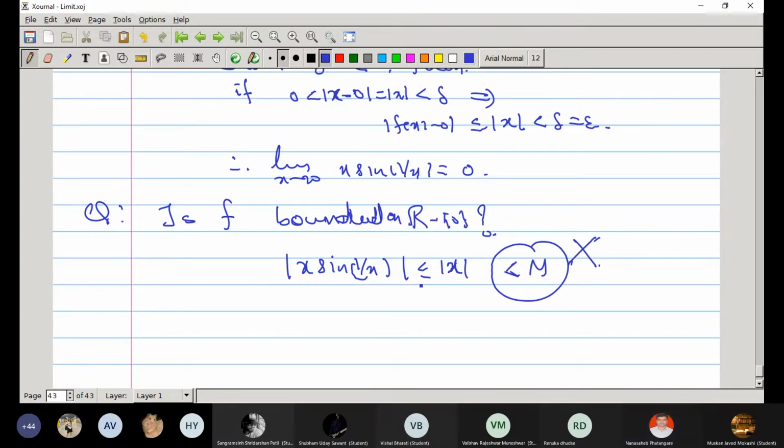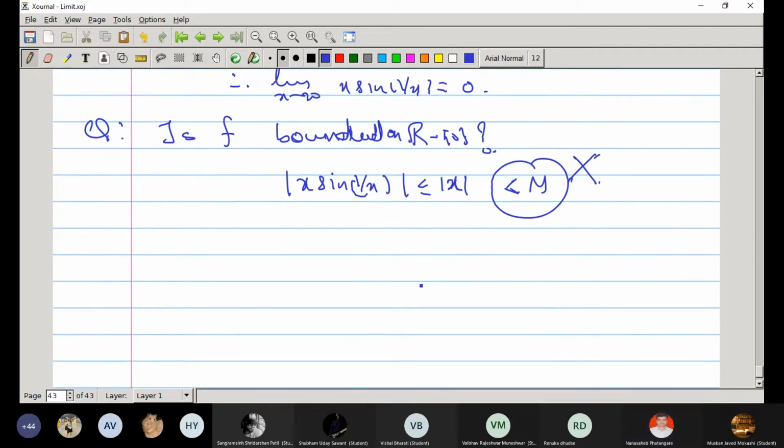Yes, sir. Therefore, this idea will not work in this case. Limit exists at 0, but what is the guarantee that it is bounded? So we have the next theorem.